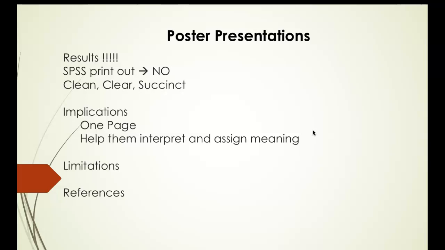Then have an implication section. If we were doing the page format, it's usually one page. Here it's just a smaller section than the results. And here you're taking the results and you're translating them into ideas that are practicable.